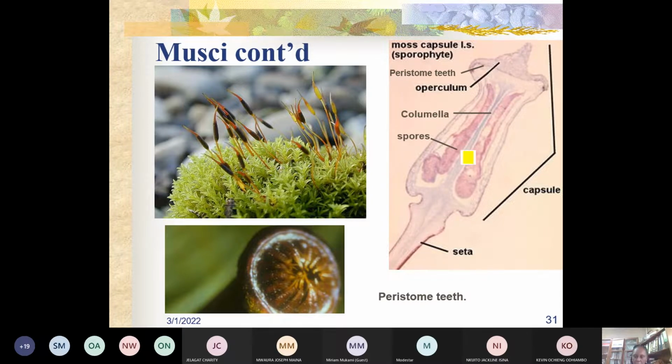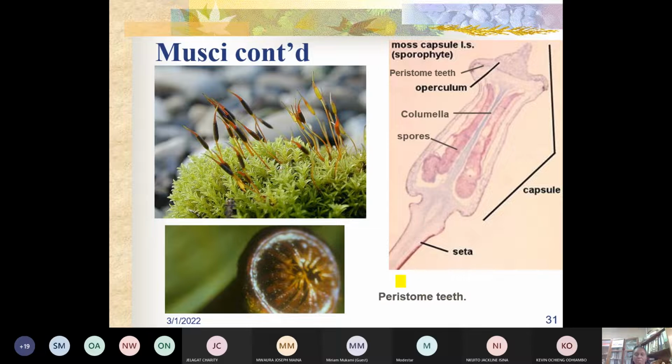You can see the columella. This is how it looks in real life, not just diagrammatic, but the way it really looks in the plant. And then the peristome teeth are actually shown here. These are how they look. So they are found underneath the operculum. And so when they straighten out, then they push out the spores.